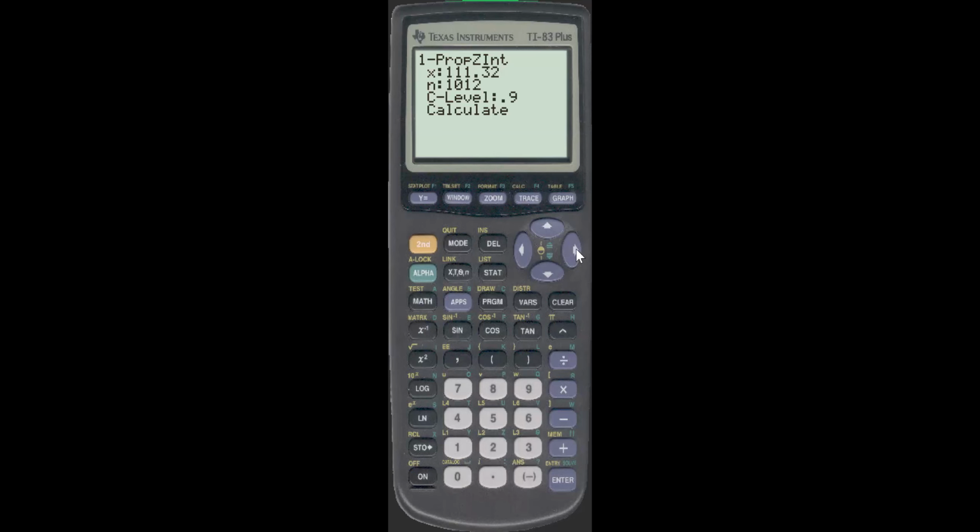Confidence level is 0.98. And then when you calculate, you're going to see there's an error. I don't know if you remember this from when we did this a while back in the course. Why is there an error?